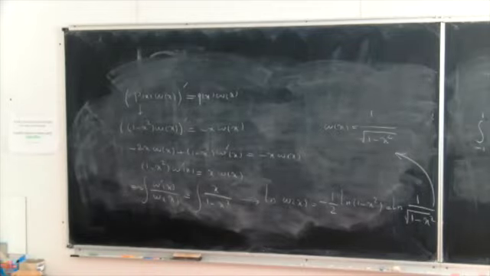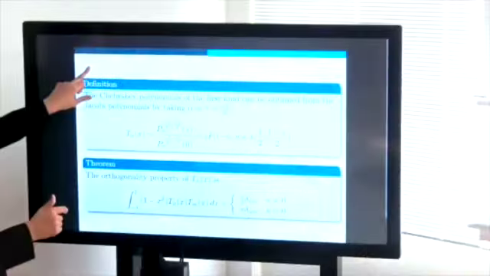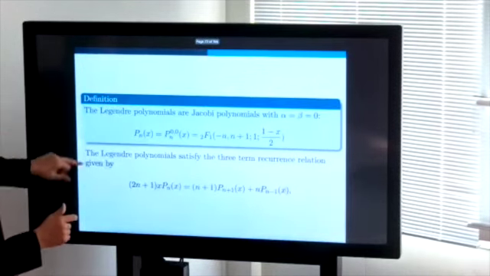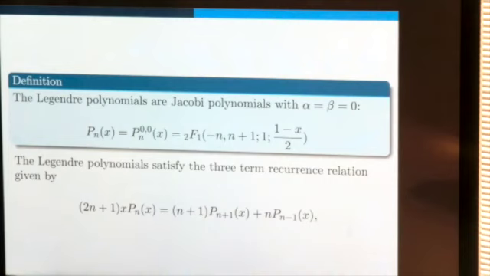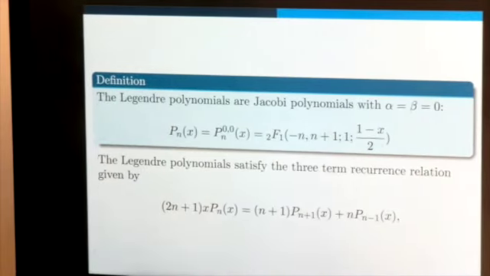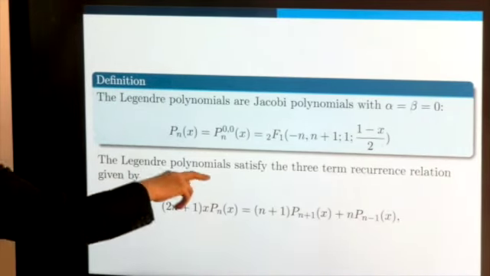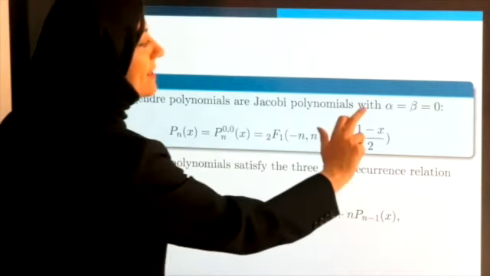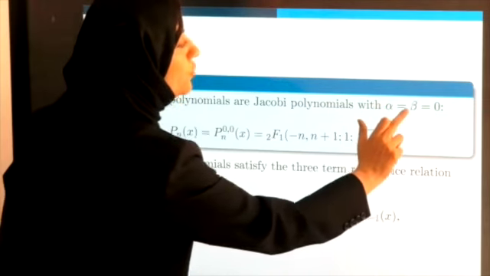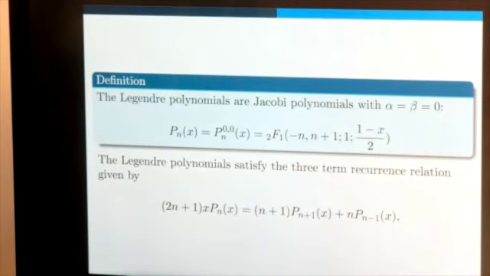Okay, now I'm going to talk about another special case of Jacobi polynomials, Legendre polynomials. Legendre polynomials are obtained from Jacobi polynomials by setting alpha equals beta equals 0.